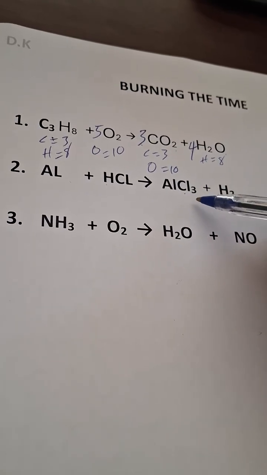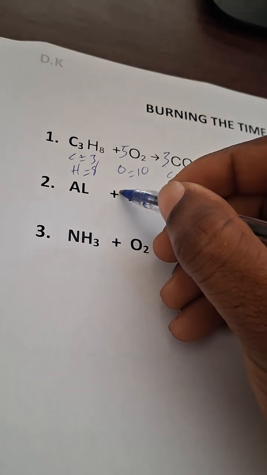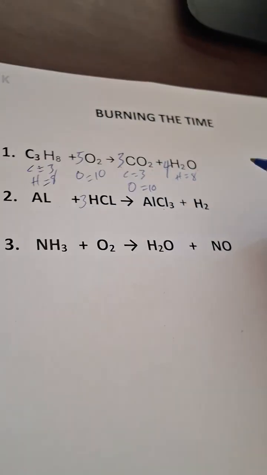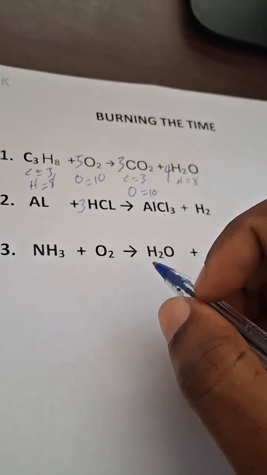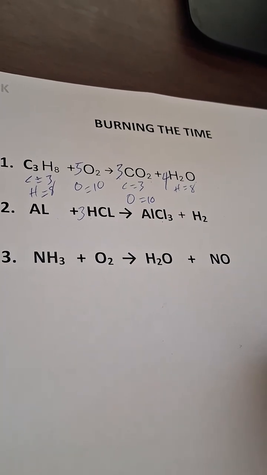So the chlorine over here is 3. So therefore we put 3 over here. When we put 3 over here, would that solve the problem?